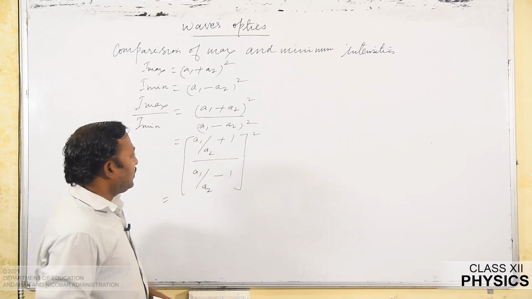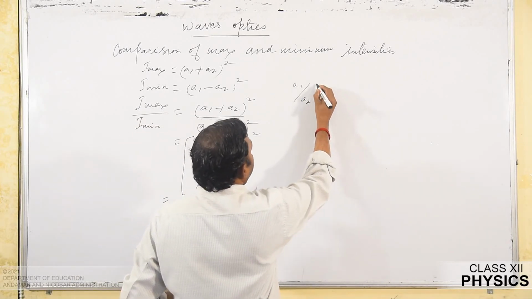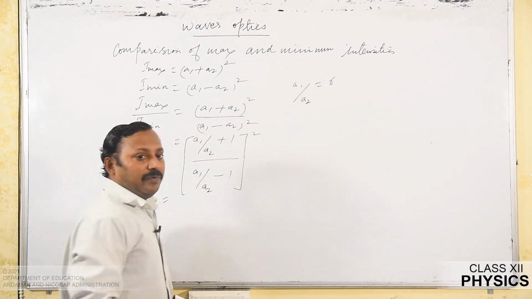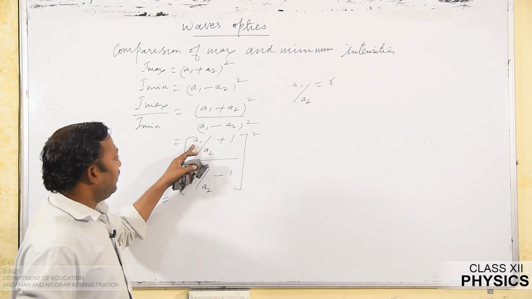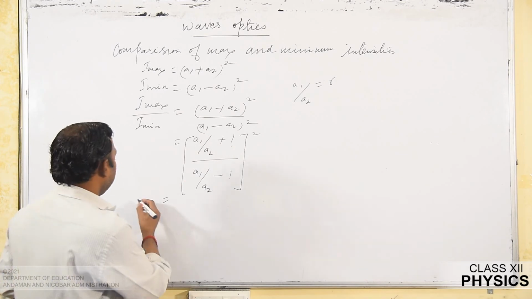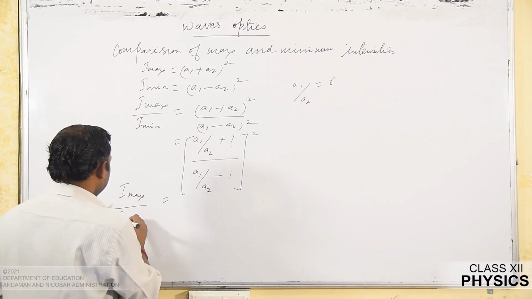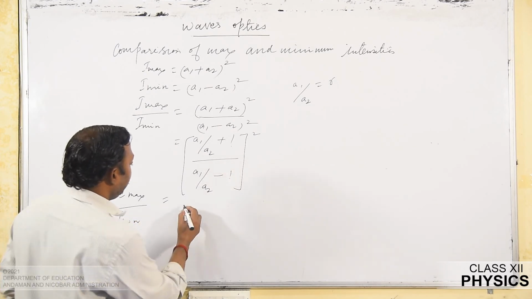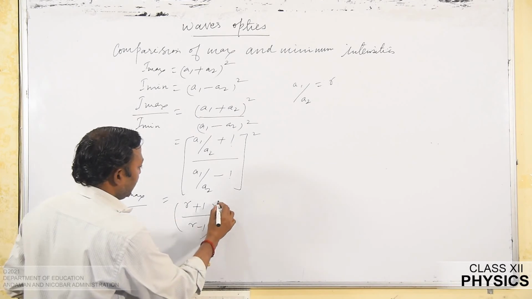Here a1 by a2 is said to be the amplification ratio, that is the ratio of amplitudes of both the waves, treated to be R. So in place of a1 by a2 we can write R. So you get the ratio of maximum intensity to minimum intensity comes out to be R plus 1 divided by R minus 1 whole square.